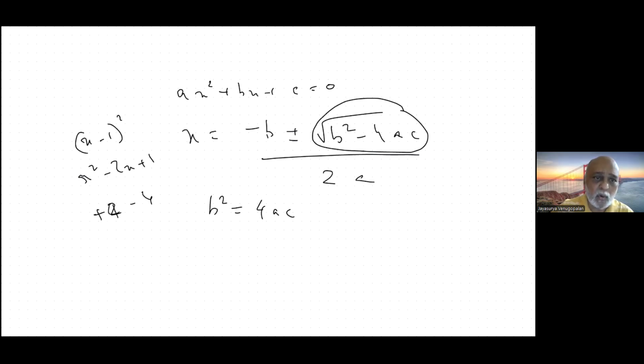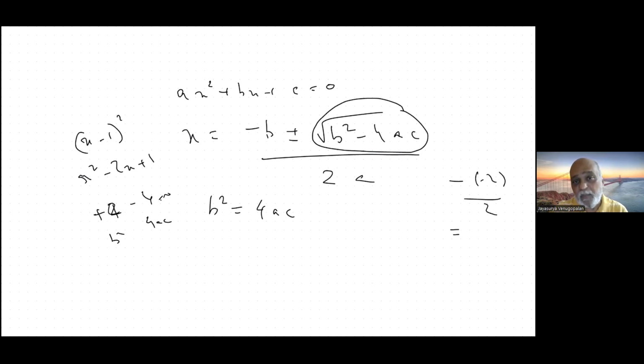So b squared minus 4ac is 0. Therefore, this part disappears, and both the roots are going to be minus b by 2a, that is minus minus 2 by 2, which is equal to 1. So both the roots will be 1.